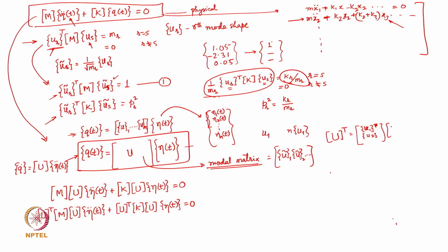And I have your mass matrix here and then I have U1, U2 and so on. So, if I consider the first modal vector multiplied by mass matrix and this, it actually turns out to be this U1 transpose mass matrix, the first element of this entire product.